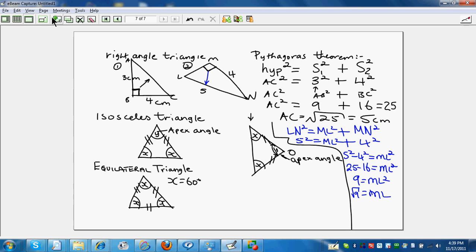And therefore, the square root of 9 is plus or minus 3. But we'll select 3 as the answer because we know the length cannot be negative. And therefore, the answer is ML will be equal to 3, whatever unit it is. So let's say the units here was centimeters again. It means that ML will be 3 centimeters.